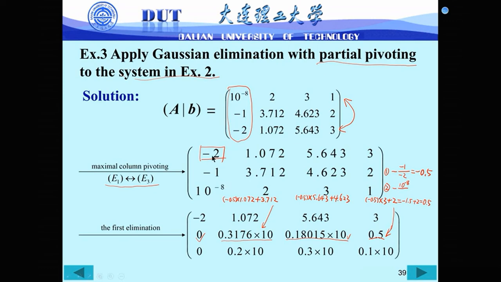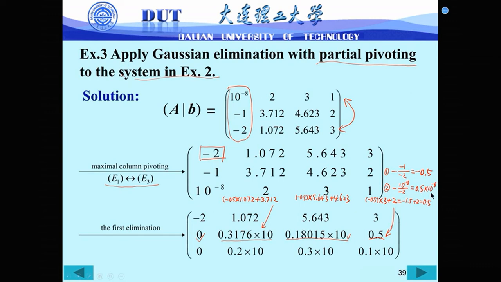And the denominator is just the pivot, minus 2. So it is minus 0.5 multiply 10 to minus 8, right?